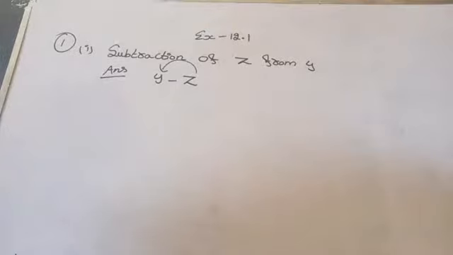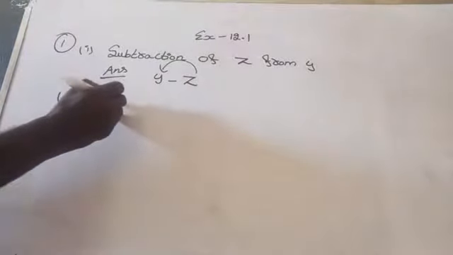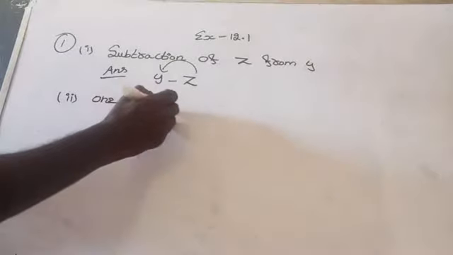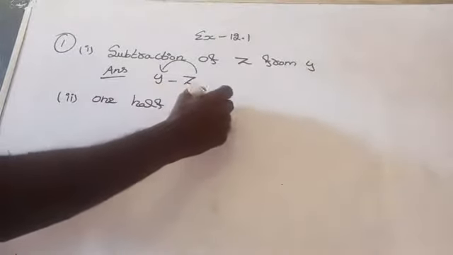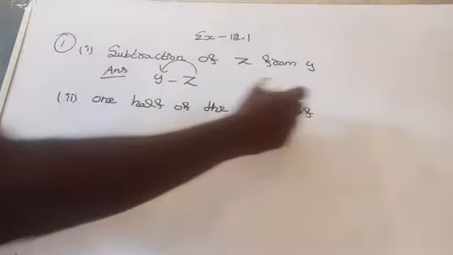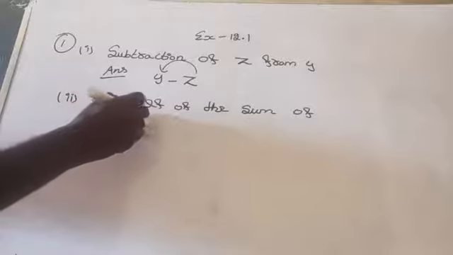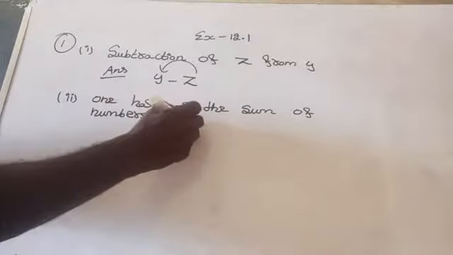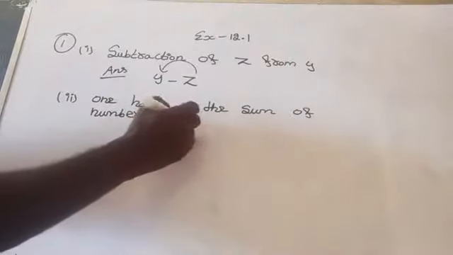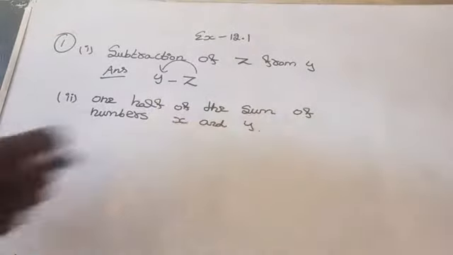The second part of the question is 1/2 of the sum of numbers x and y. What does the sum of numbers x and y mean? x and y are two numbers and we are adding them: x plus y.